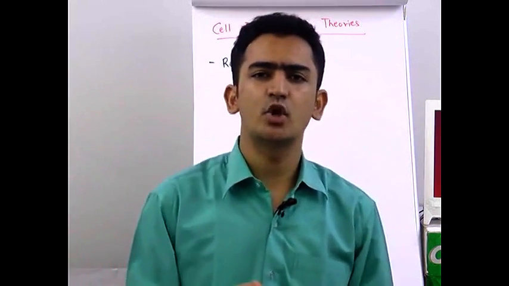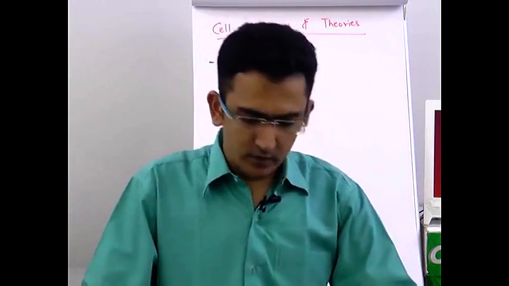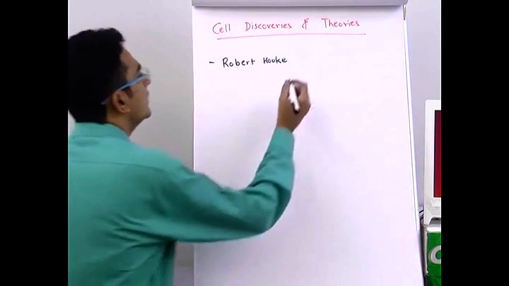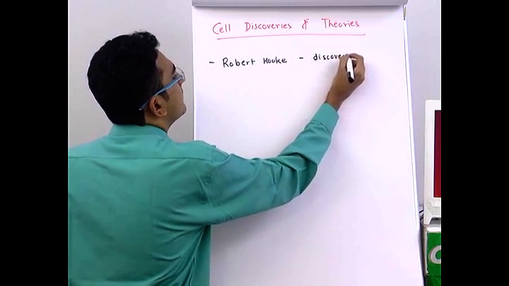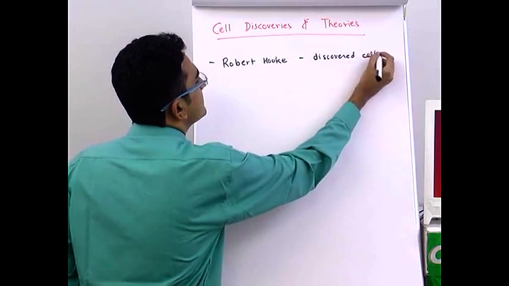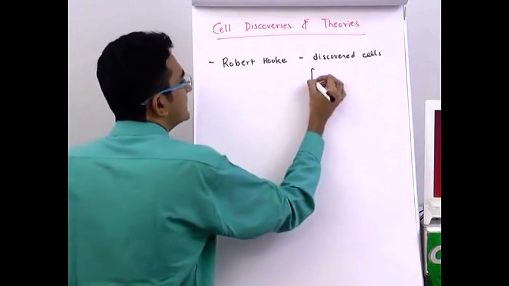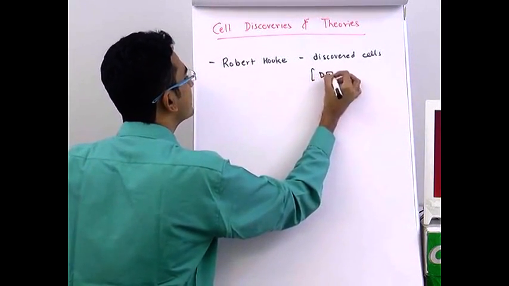There is not much biology concept in this, but you must remember the names so that you are able to address certain multiple choice questions or even certain interview questions. Robert Hooke was the gentleman who discovered cells, but the cells which he saw for the first time were dead cells.